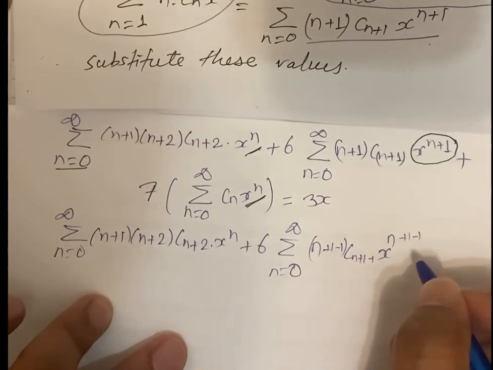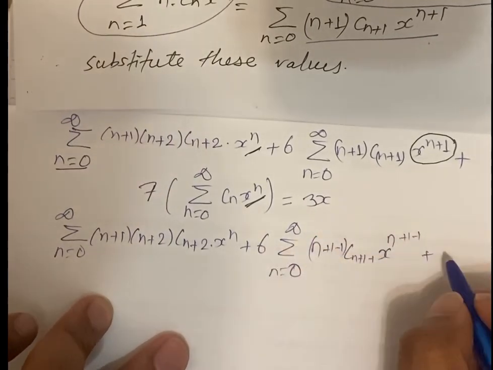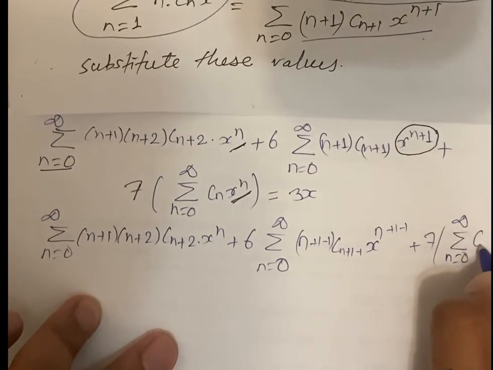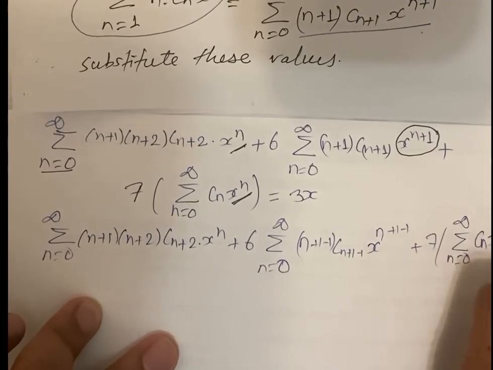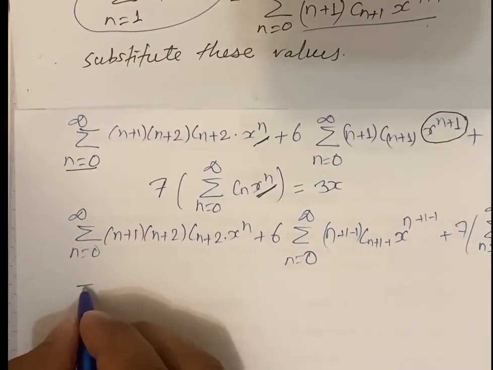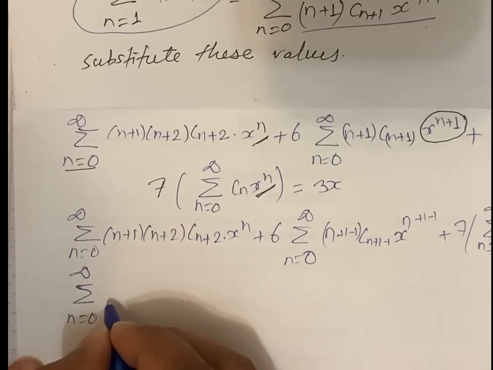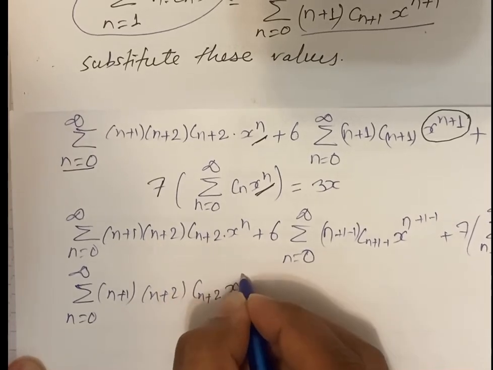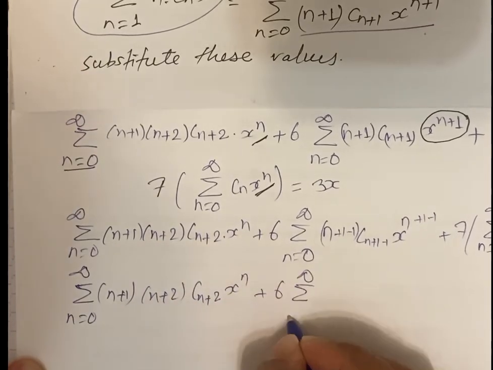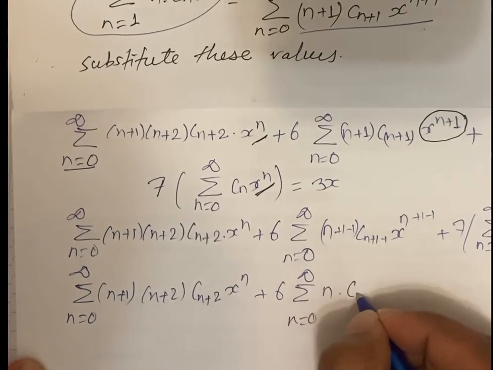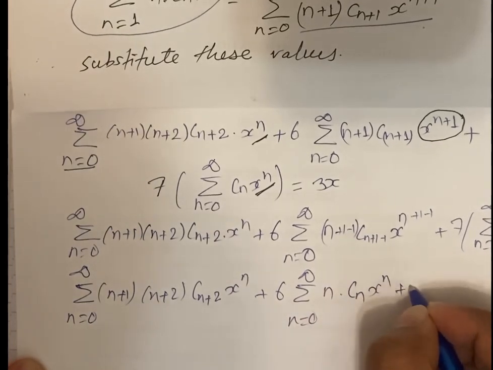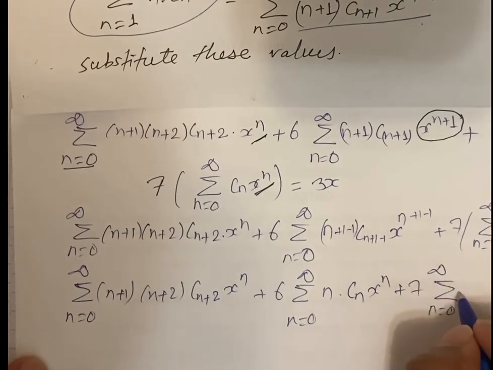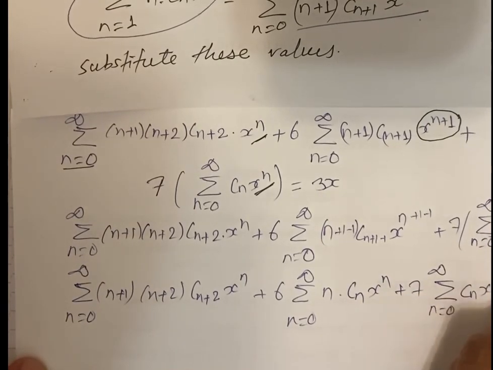You don't need to show this, but I'm just showing this for you. So this becomes the sum of (n plus 1)(n plus 2) cn plus 2 x^n, plus 6 times the sum of n cn x^n, plus 7 times the sum from 0 to infinity of cn x^n, equal to 3x.